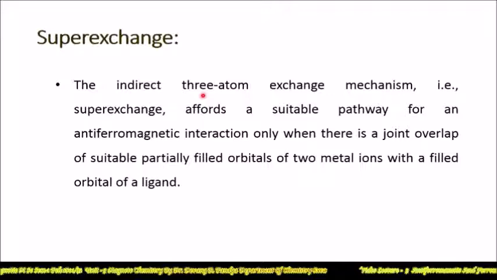It affords a suitable pathway for an antiferromagnetic interaction only when there is a joint overlap of suitable partially filled orbitals of 2 metal ions with a filled orbital of a ligand. The joint overlap may be of the type sigma and or pi.